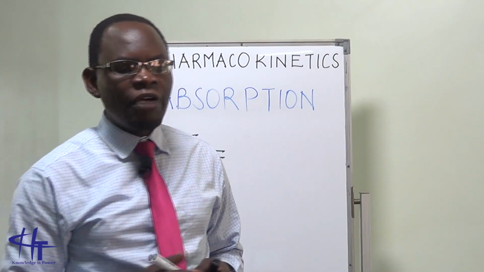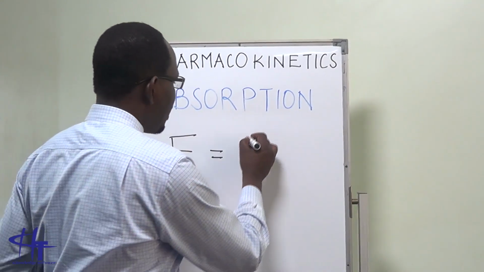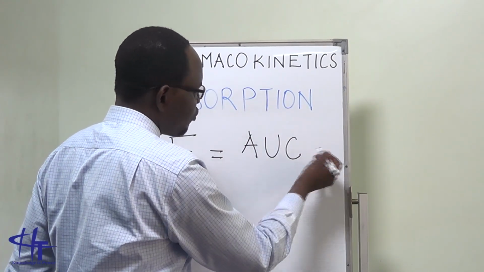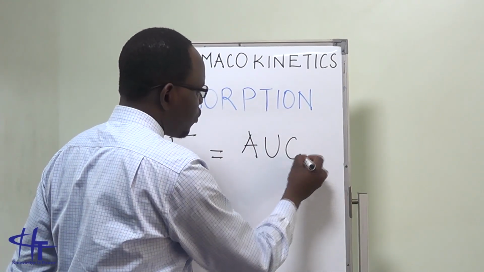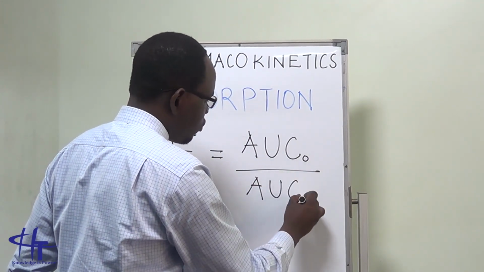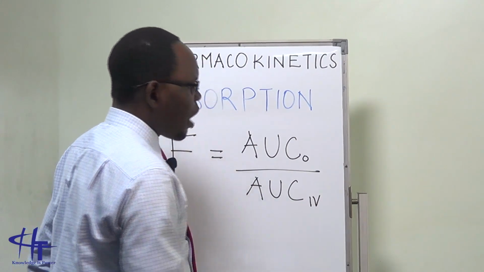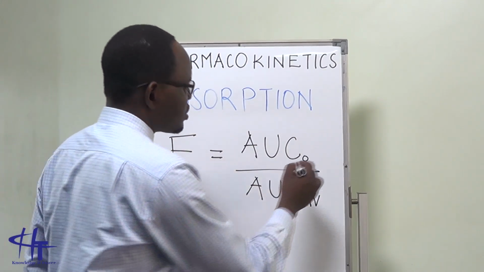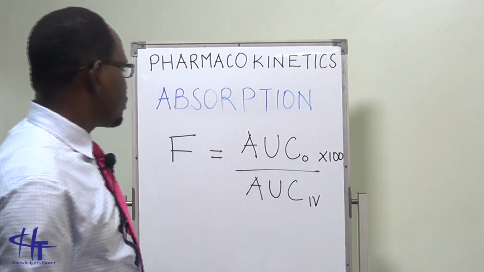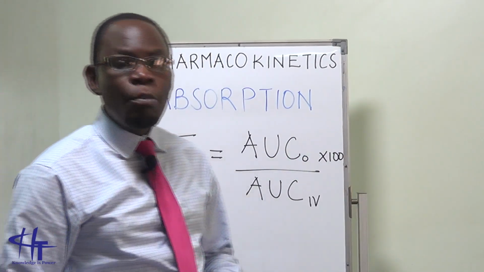So capital F would therefore be the area under curve of whichever route you have given, for example, if it is oral, divided by the area under curve of the IV route that you have given, then you multiply by 100. So that is what we refer to as the absolute.